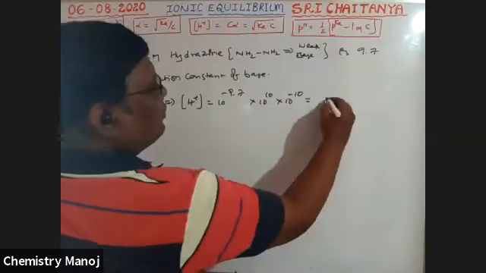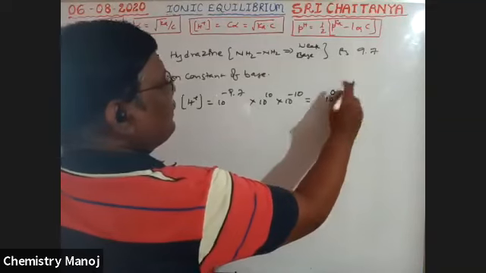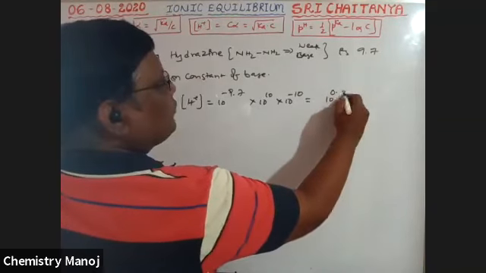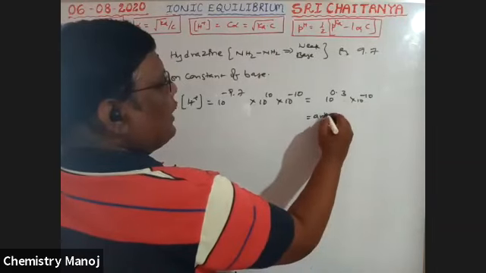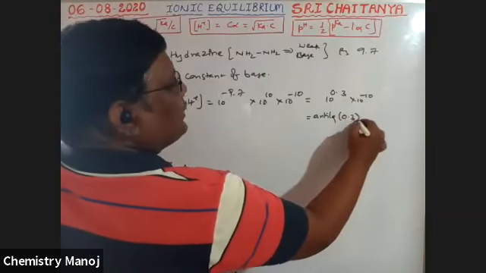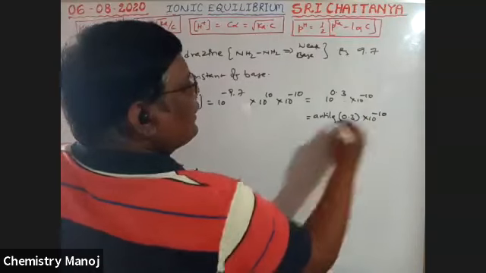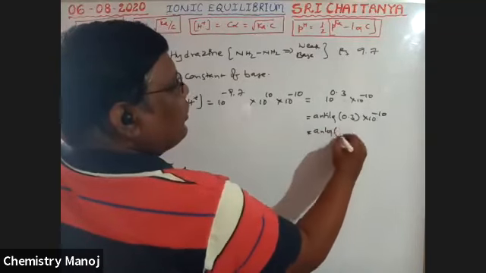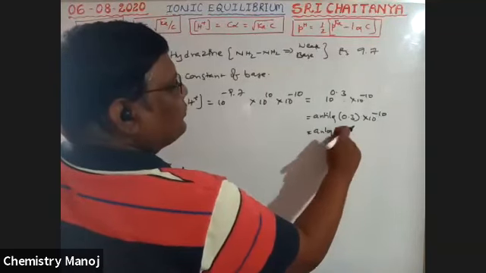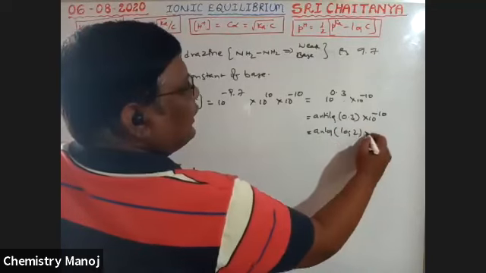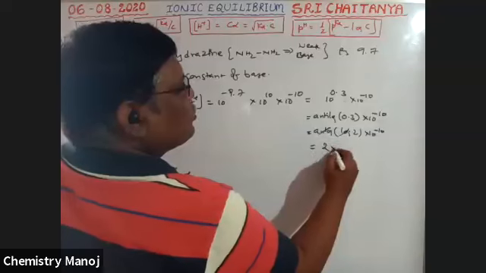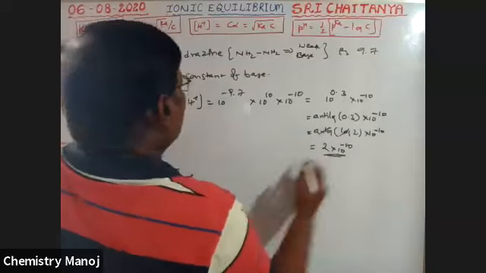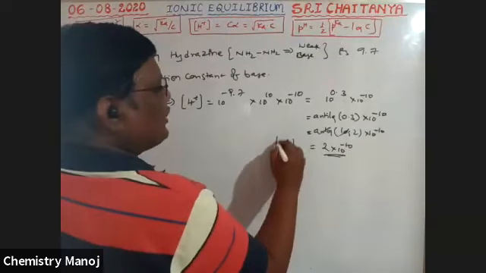So which is equal to 10 power 0.3 into 10 power minus 10, which is equal to anti-log 0.3 into 10 power minus 10. So anti-log 0.3 means 2, into 10 power minus 10, which is equal to H plus concentration.